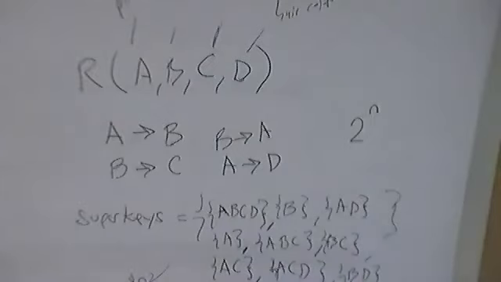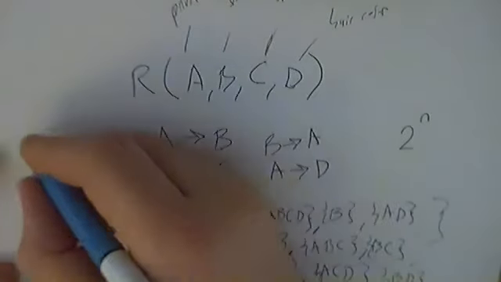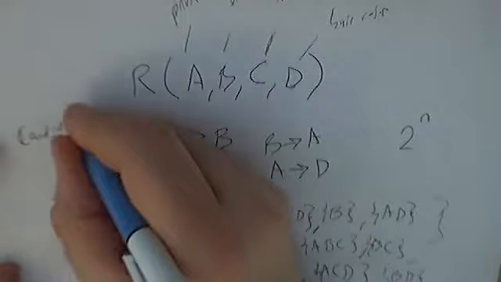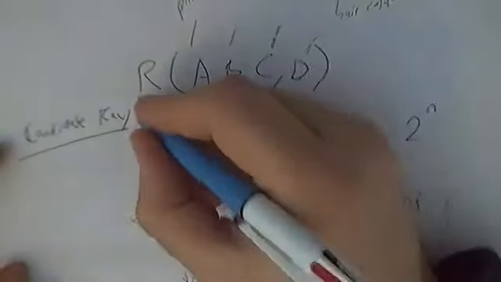So these are what super keys are. I hope that you guys have a firm sense of that definition of a super key. Now the next question that will come up is, what is a candidate key?